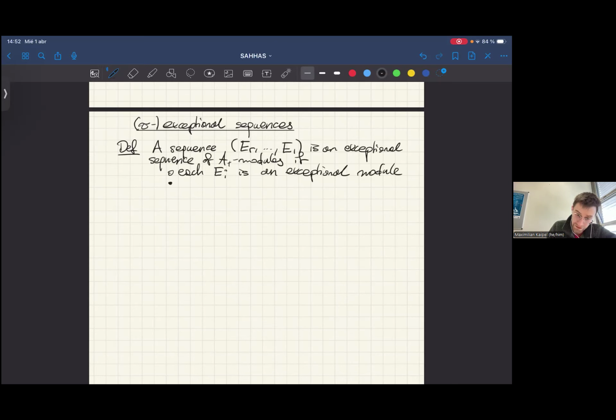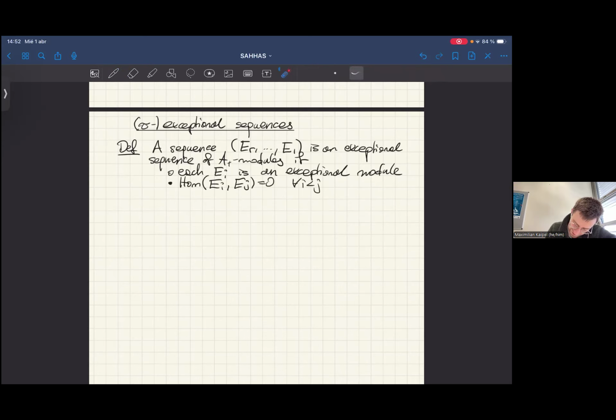And secondly, if there's a certain orthogonality, semi-orthogonality, you could say, so we have no non-zero homomorphisms from E_i to E_j whenever i is less than j. It's always a bit tricky depending on how you order this.